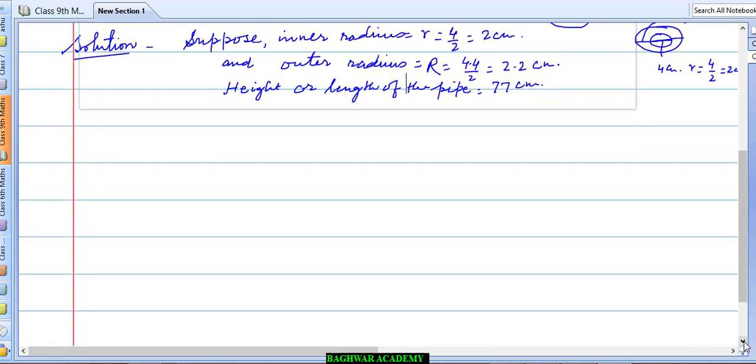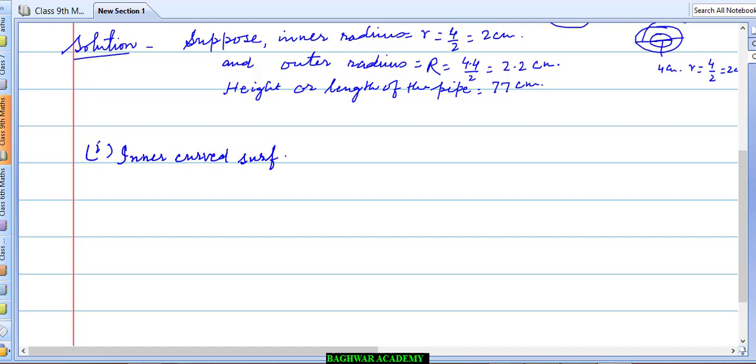So we will write, inner curved surface area is equal to 2 pi r h.